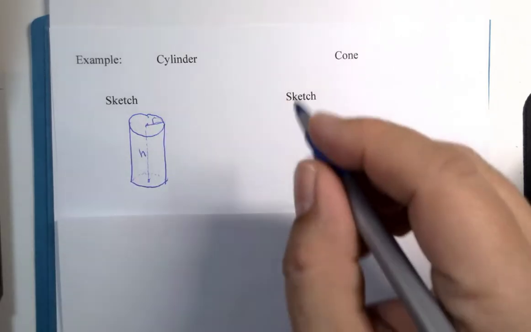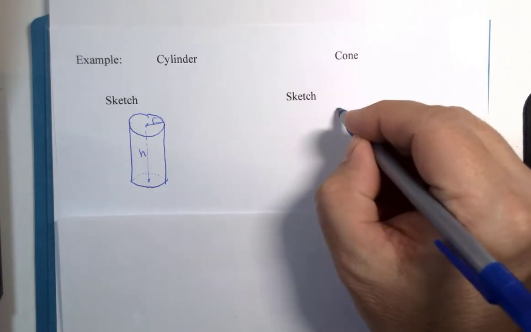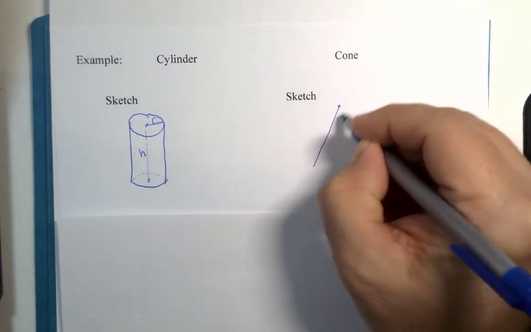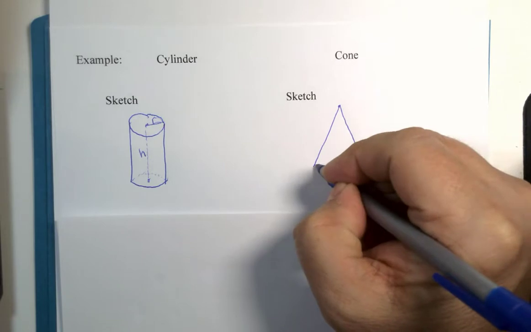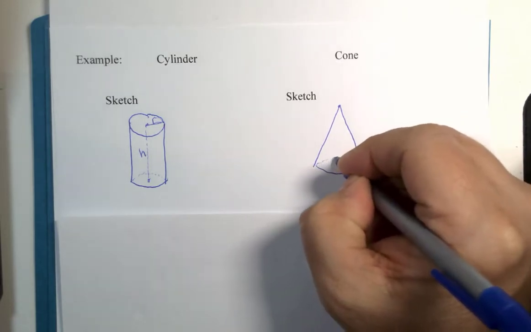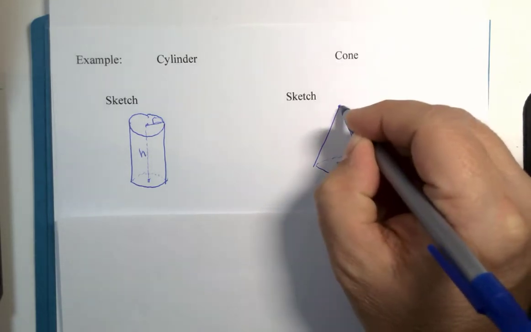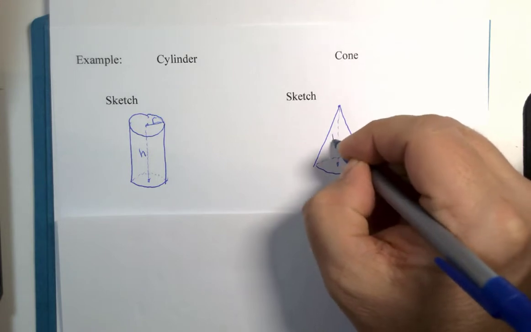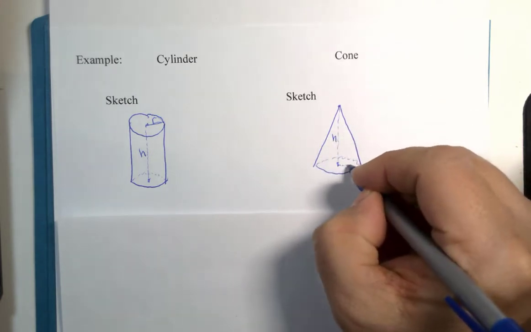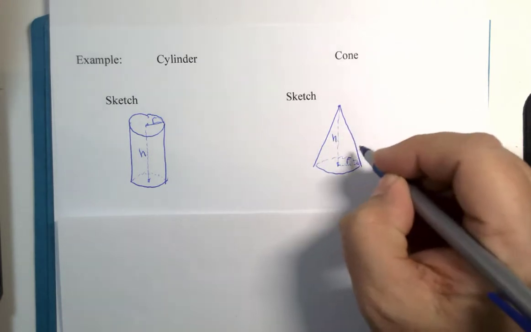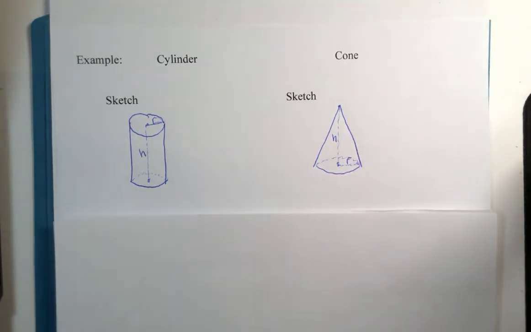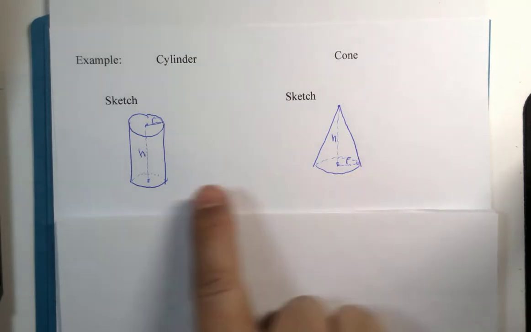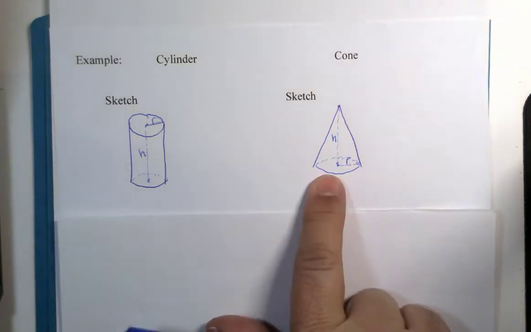Cylinder. Now if I have a cone with the exact same height, and that circular base has the same radius, there is a relationship between the volume of these two shapes. Now, my pictures are not drawn very well to scale.